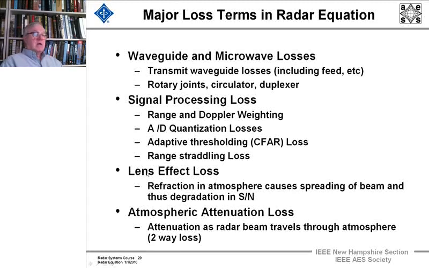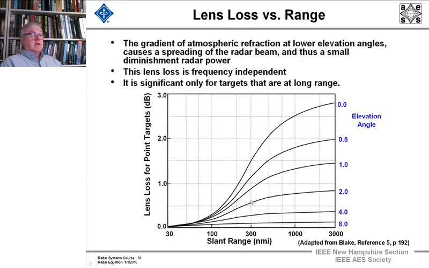And then there's a little known but often neglected term called the lens effect loss: refraction in the atmosphere causes spreading of the beam and thus degradation of the signal to noise. Here we have what that loss can be, loss for point targets, as a function of slant range and elevation angle.